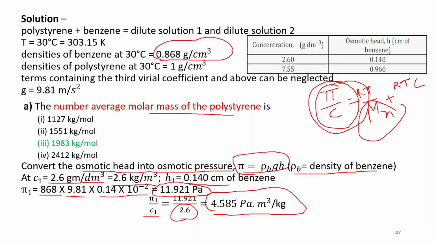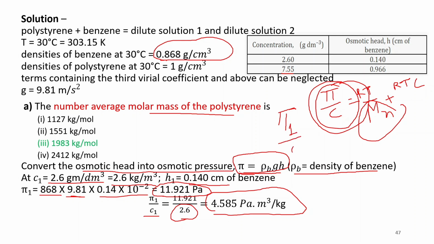So we calculated pi first, pi equals rho g h, and then divided by concentration 1. So we have calculated pi 1 divided by C1.